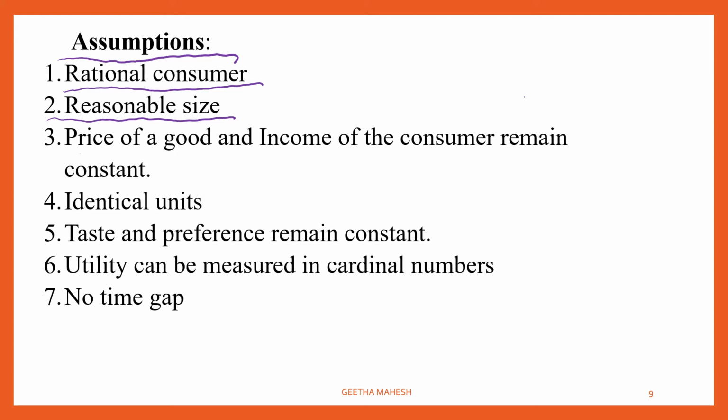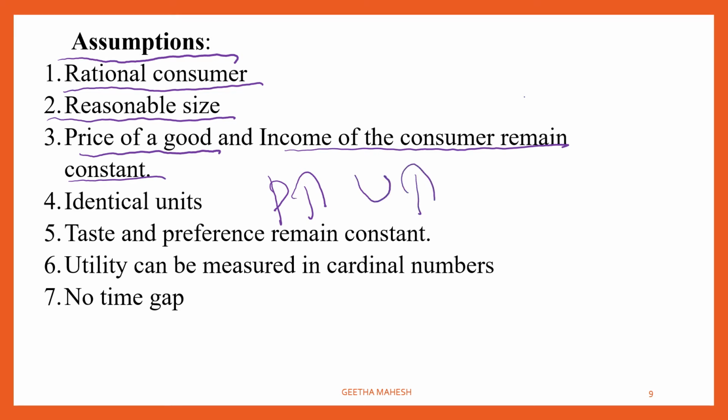The third one is that the price of the good and the income of the consumer should remain constant. If the price of a good increases, then psychologically the consumer may think that the quality of the product has increased, so utility may increase.